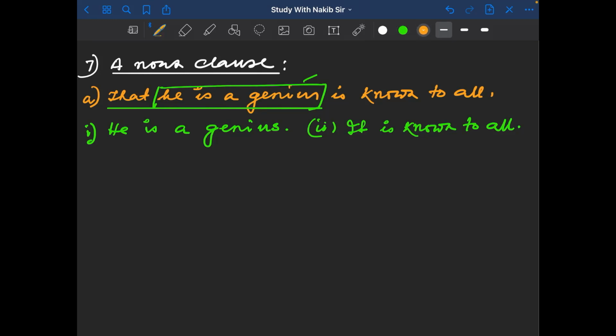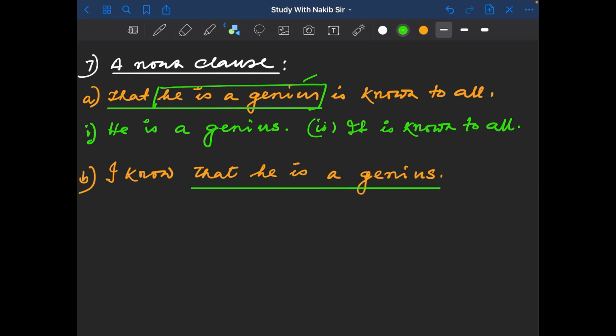Okay. Now take another example and see. I know that he is a genius. That he is a genius, you know, is a noun clause, and for this we'll make a separate sentence. Now see, that is a conjunction. So when you separate it, the conjunction will be out, and we'll get he is a genius.